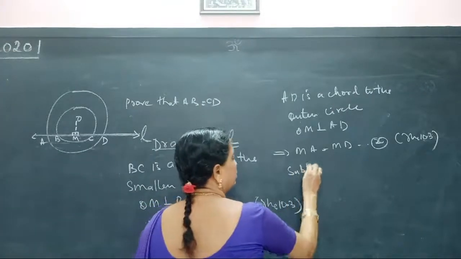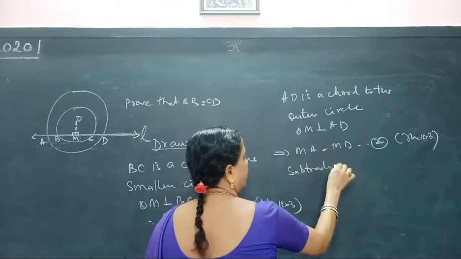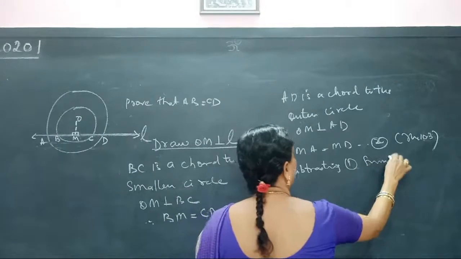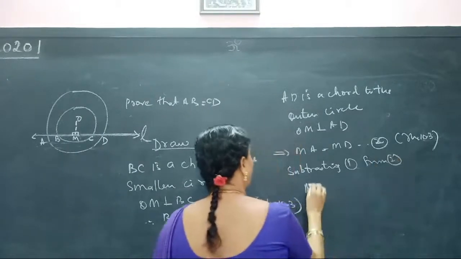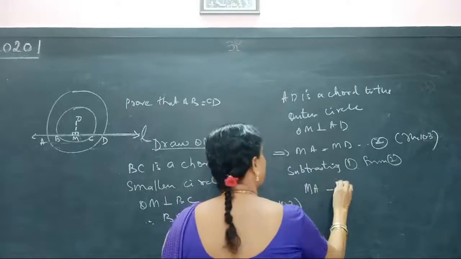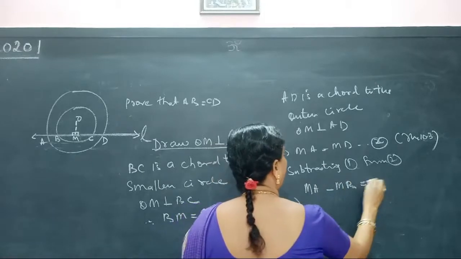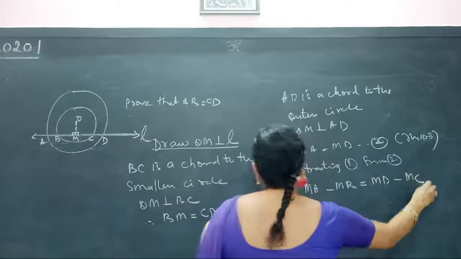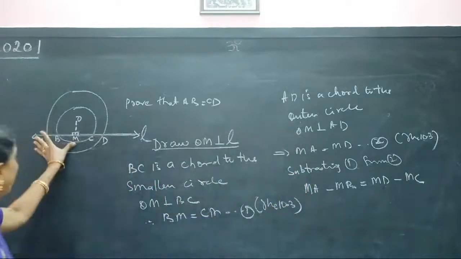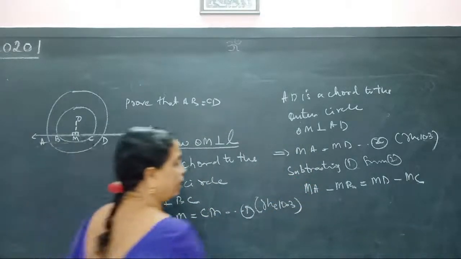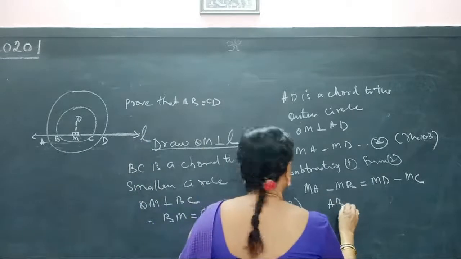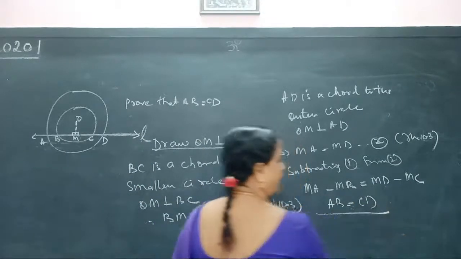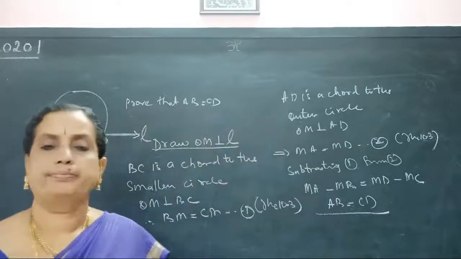Subtracting 1 from 2, that is MA minus MB equals MD minus MC. MA minus MB, what do you get? AB equals CD. Hence proved.